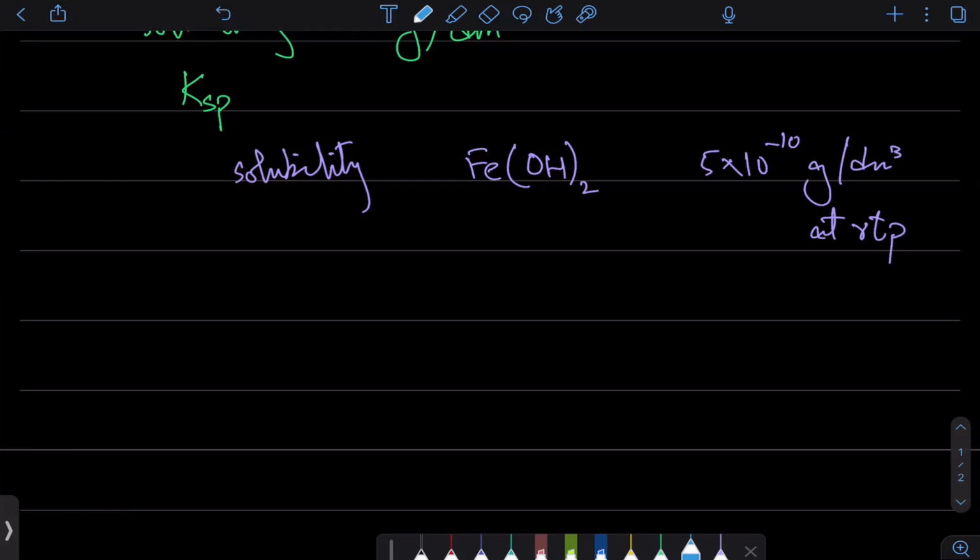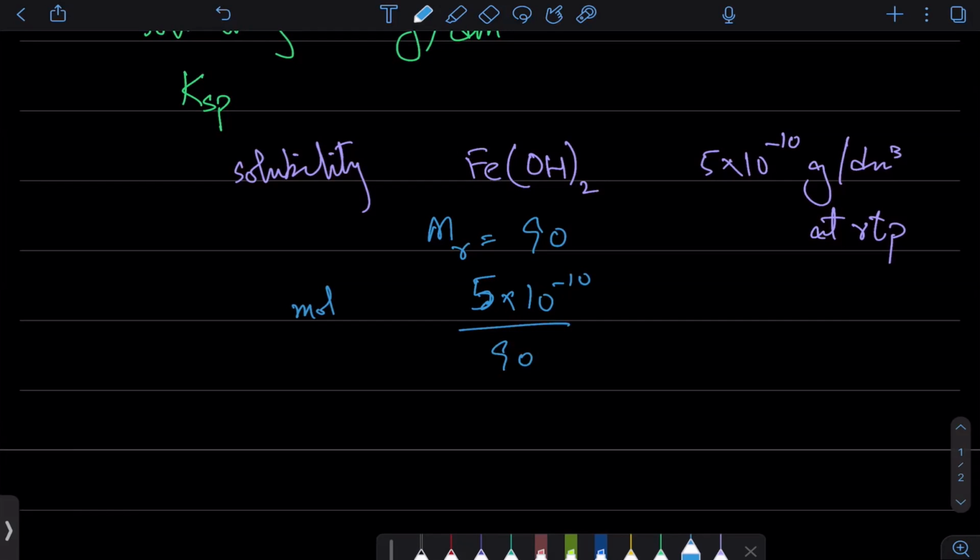Now the solubility is 5 into 10 power minus 10. I need to calculate its MR. So my MR will come out to be, so I'm just using a basic periodic table, the MR of this is 90. Now based on that, I can see that the moles per dm cube that are actually dissolving, or solubility in mole per dm cube, is going to be 5 times 10 power minus 10 divided by 90.